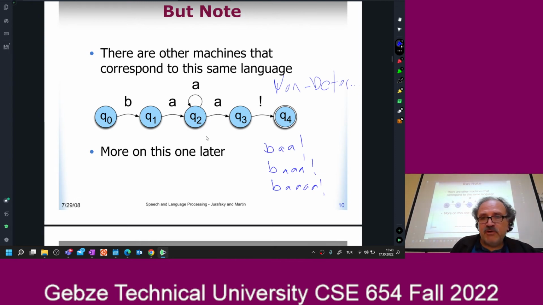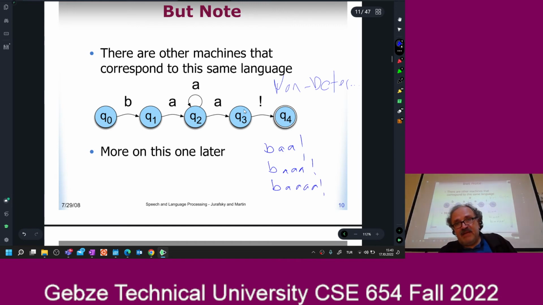Okay, I had a small question during the break. People are asking me: if I go to this state A and there is no A coming again, and there is no question mark, should I be rejecting it? No, the answer is of course no. As I said before, you should test all the possible paths of a non-deterministic machine to reject an input string.